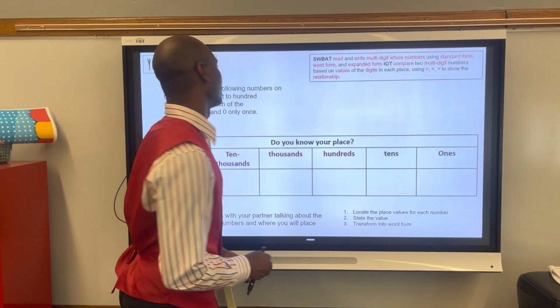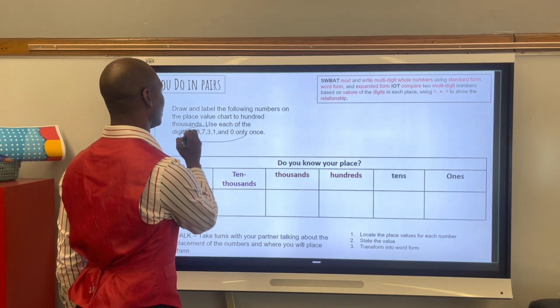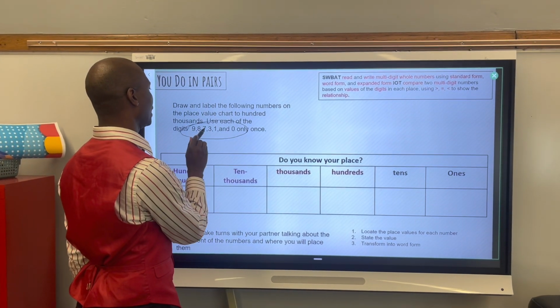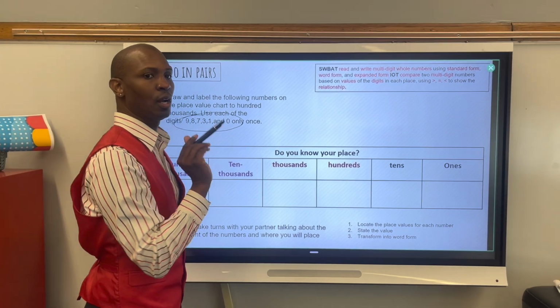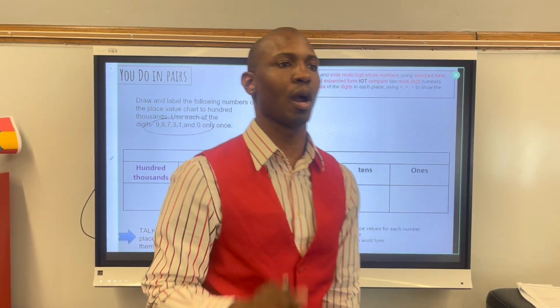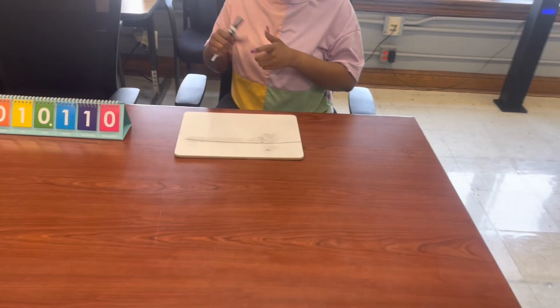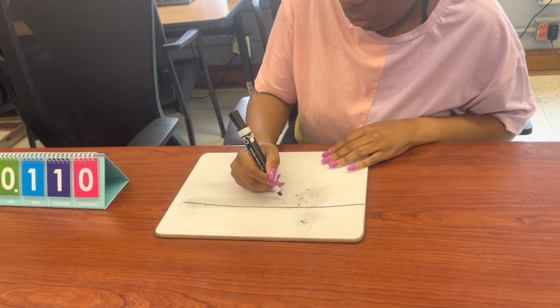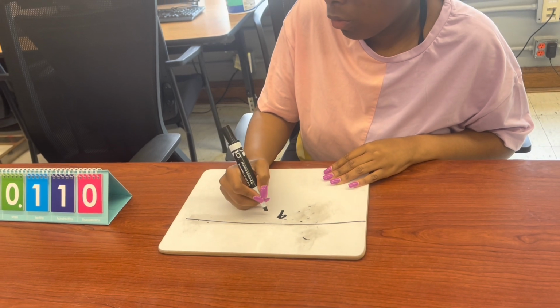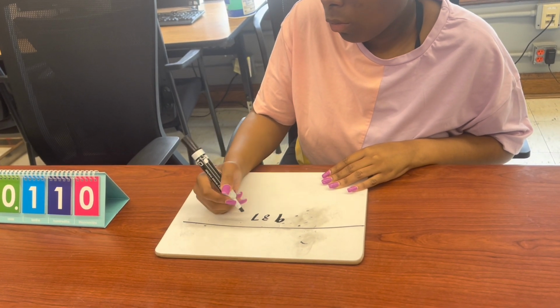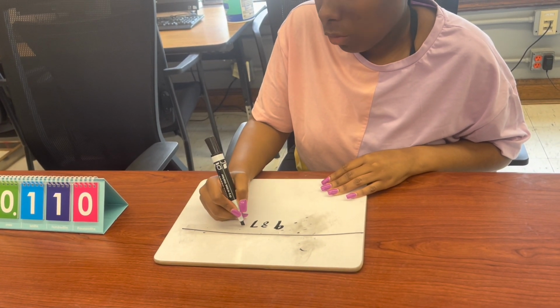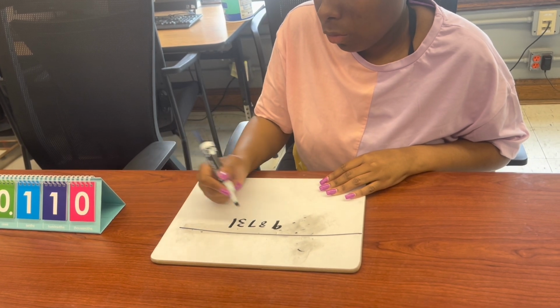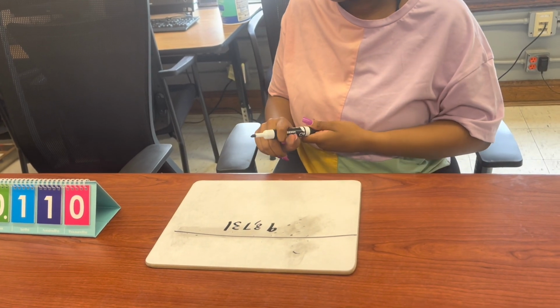So, Miss Jones, I have 6 numbers for you. 987310. Go ahead and write that on your whiteboard however you want it to be. You have 6 numbers. We're missing 1 number.